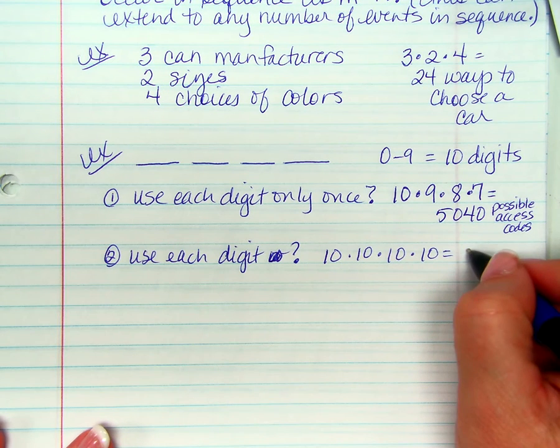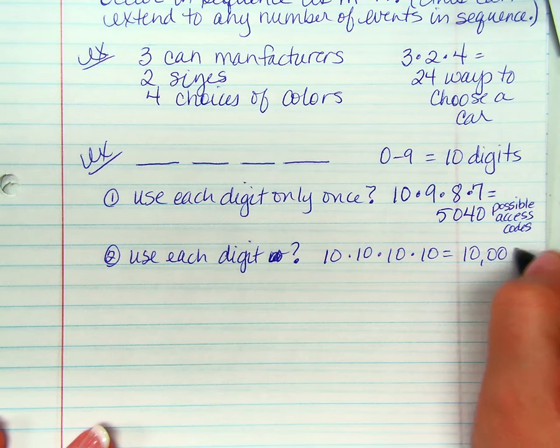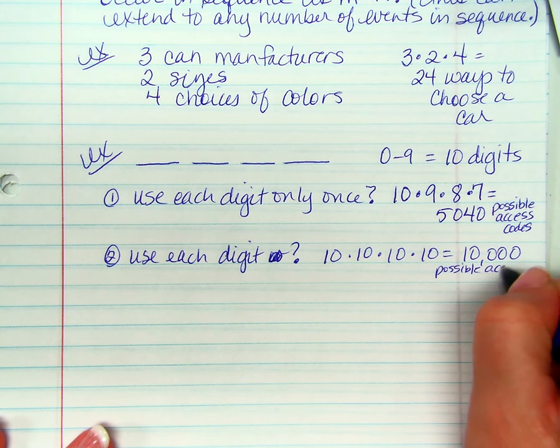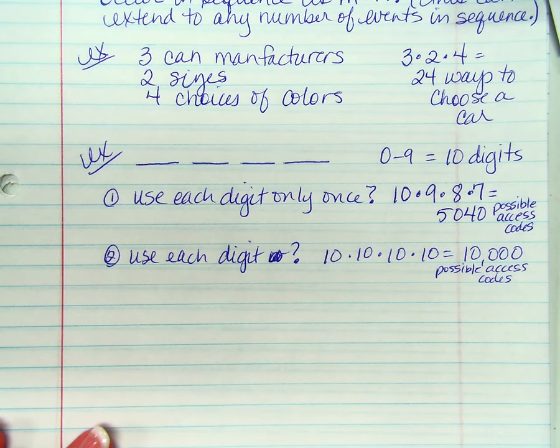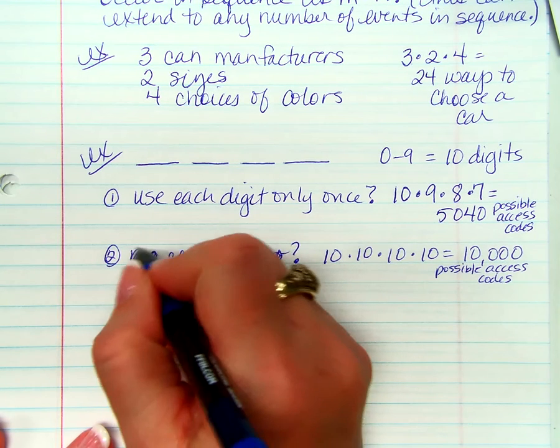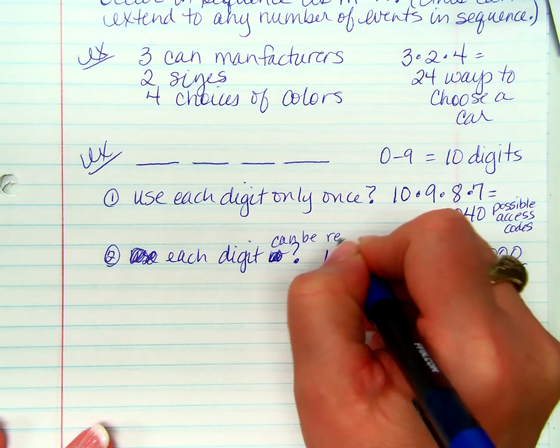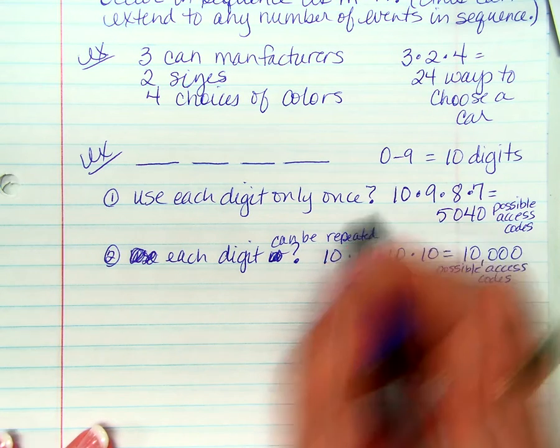Equals? Thank you. Possible access codes. I can put this: each digit can be repeated. That sounds better.